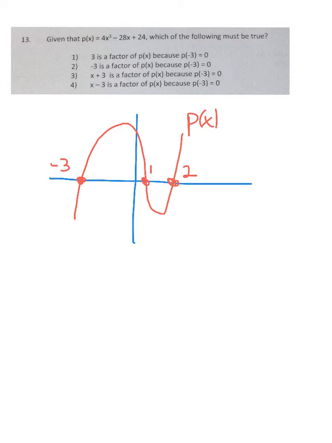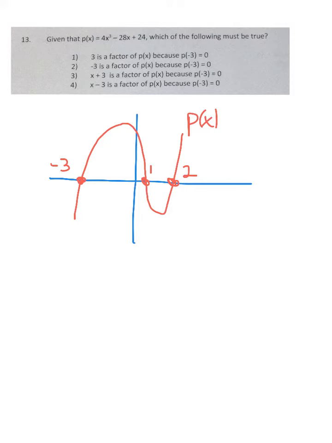All right, so it gives you the function p of x, and it says which of the following must be true. So I always like to draw a picture. So here's the picture. I put it in my y1, and I just looked at where the graph hit the x-axis, because I know that at negative 3, at positive 1, and at positive 2, I have zeros, right?